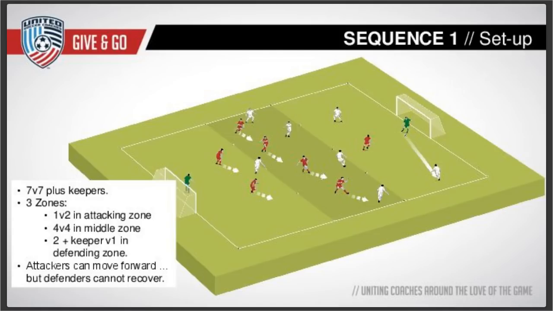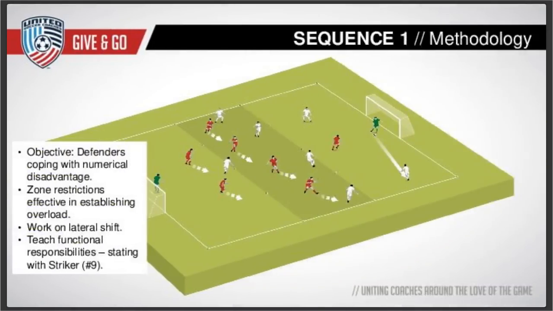So, Sam, let's talk about some of the methods we see on this activity. Yeah, so the first one is our red number 9. We want to make sure that when the ball is played out from the white goalkeeper, the red number 9 is stepping to the defender to make it predictable. So his midfielders behind him, the 7, the 11, the 8, and the 10, can adjust and organize accordingly.